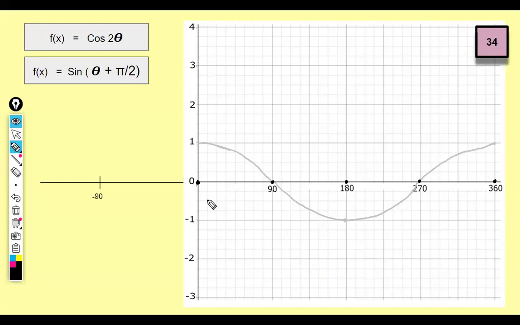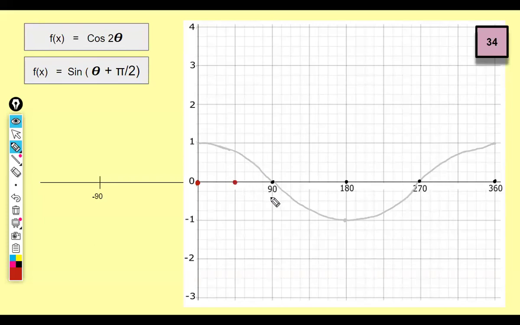Now remember, the height of the graph and the depth of the graph is not going to change. We have to visit all the x-coordinates and divide them by 2. 0 divided by 2 is what? 0. So this point remains unchanged. 90 divided by 2 is 45. Now, if here's 90, in the middle will be what? 45. So this point moves to where?